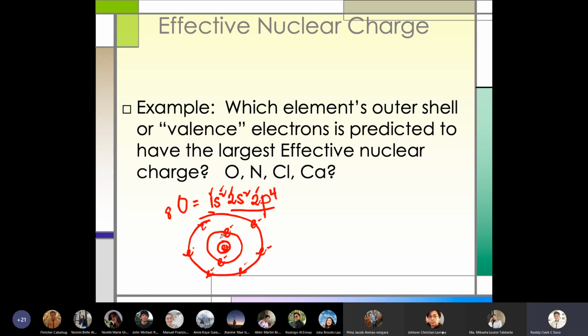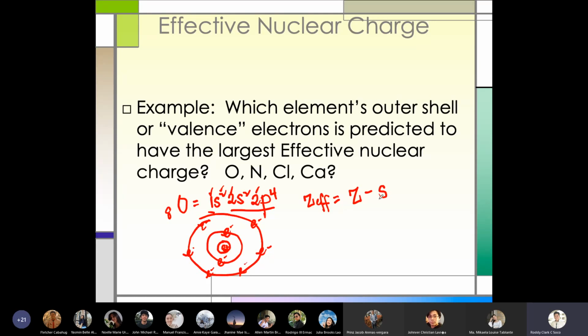And so we are asked, what is the effective nuclear charge experienced by the outermost electrons? So what we can do is just find ZEF, which is equal to the atomic number minus the screening constant.